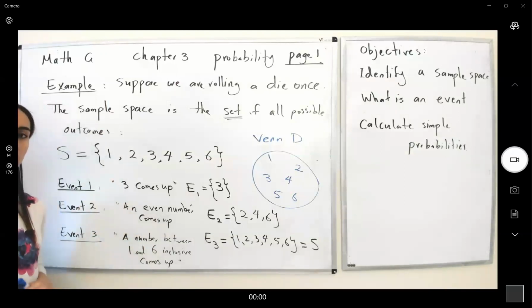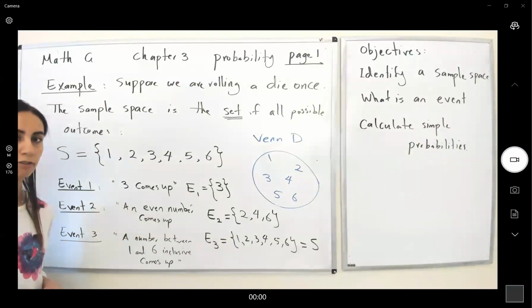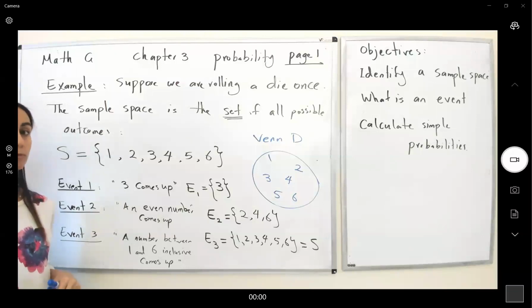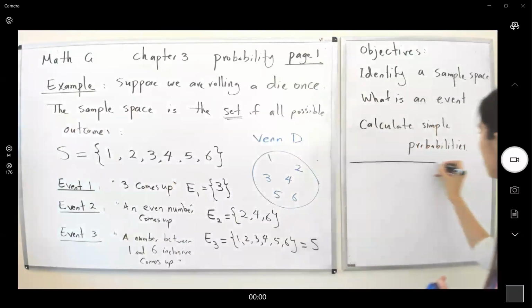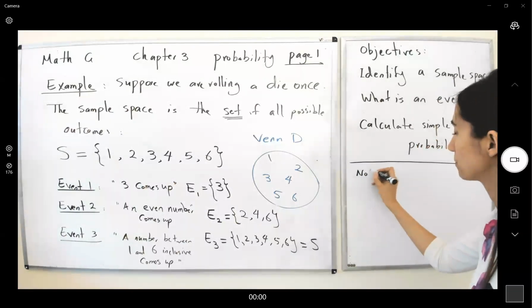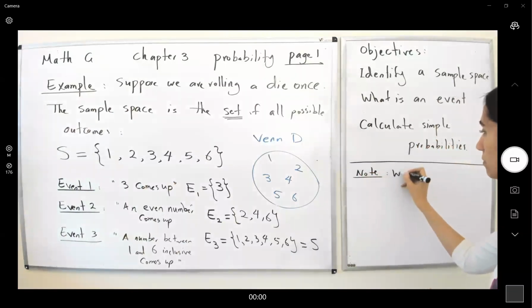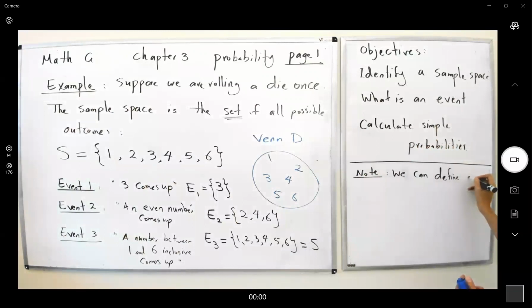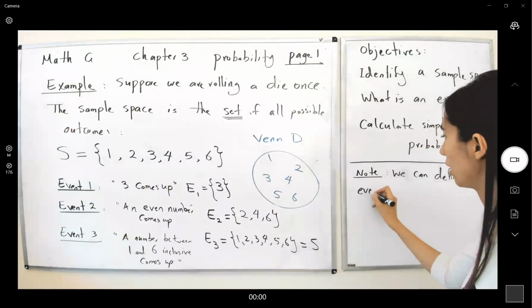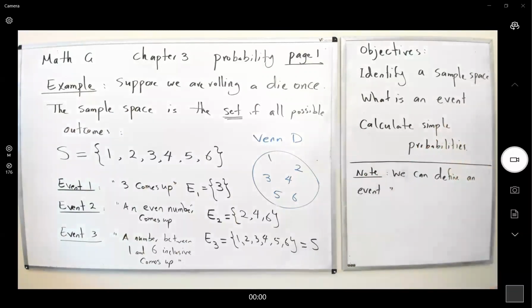In this example, we can say that what is the event of 7 comes up? So let me just write it here as a note. We can define an event like 7 comes up.